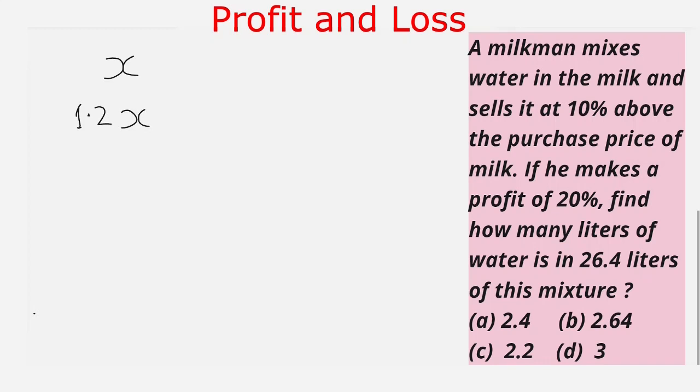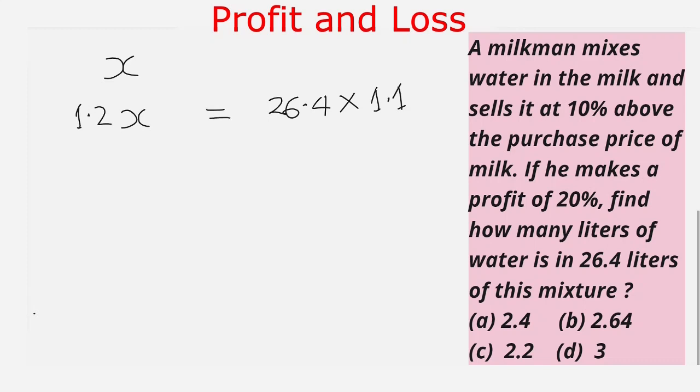The given quantity of mixture is 26.4 liters, and the mixture is sold at 10% profit. So 26.4 multiplied by 10% is 0.1 on 1. So that is 1.1 is the selling price. So we multiply 1.1 to 26.4, and these two selling prices must be equal, so we equate it.